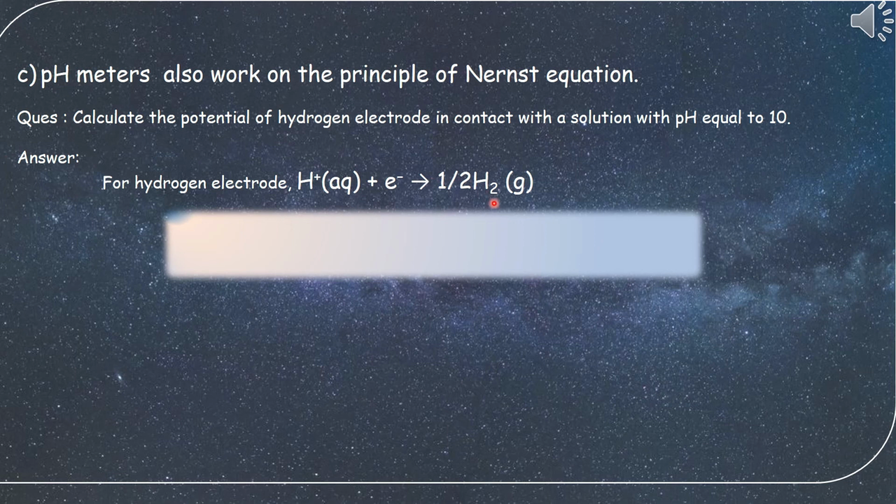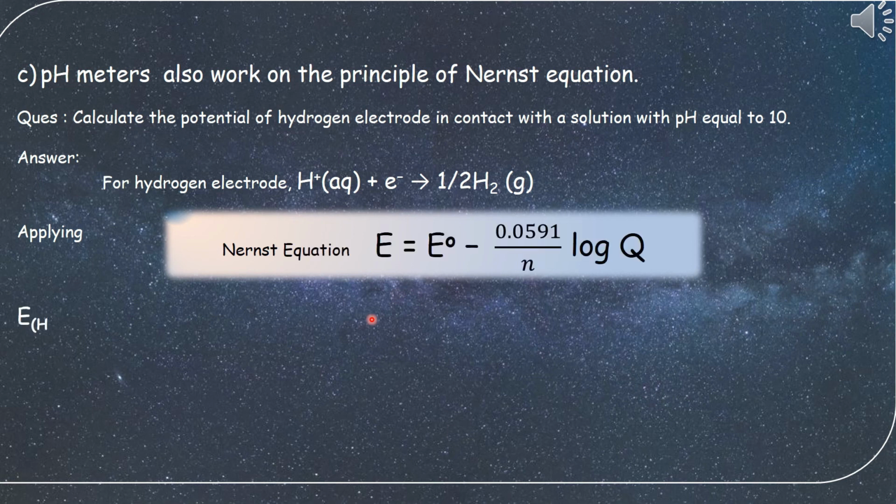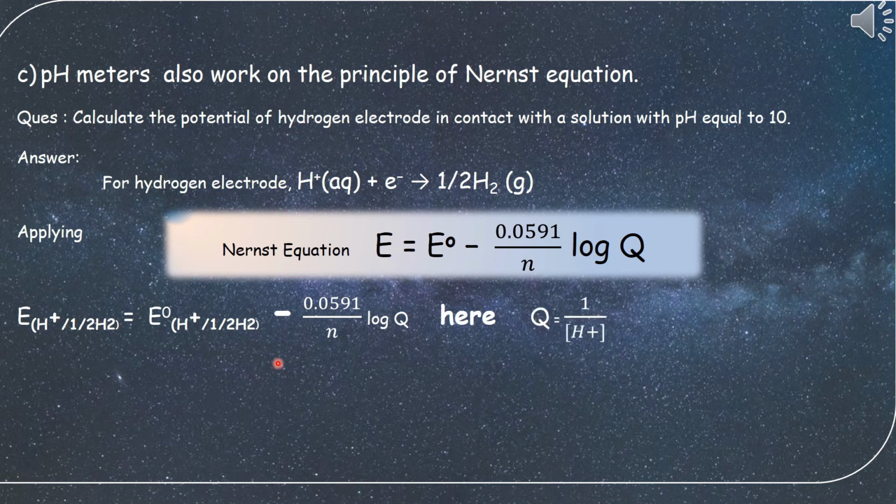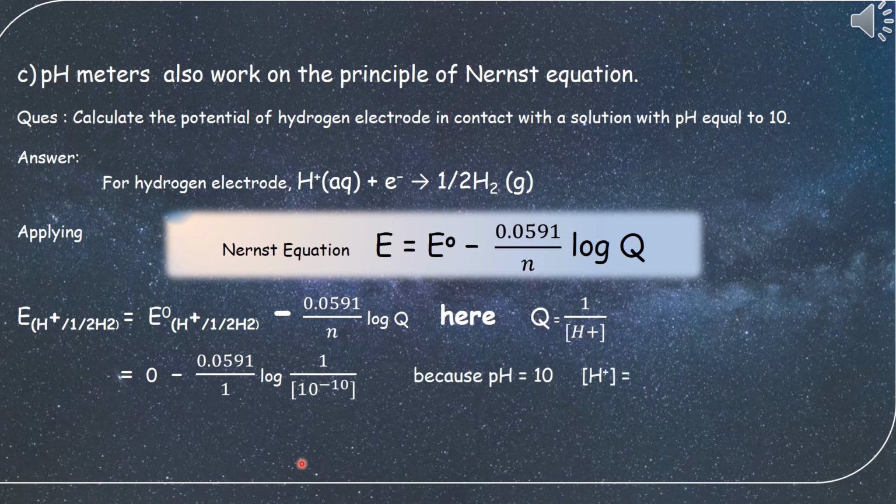Then we write the Nernst equation, and we know what Q is. Q is equal to 1 divided by the concentration of H plus. Since pH is equal to 10, the concentration of H plus is equal to 10 raised to minus 10, which on substitution you will get the answer.